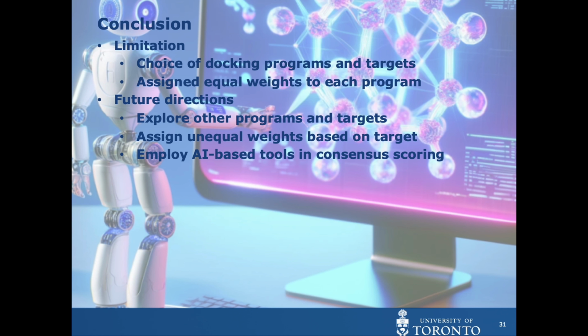By identifying which programs are more effective for a particular type of target, we can adjust the weightings accordingly. Furthermore, with the rapid development of artificial intelligence, there is potential for AI to optimize consensus scoring strategies by selecting the most effective docking programs and scoring methods based on the property of the target protein.